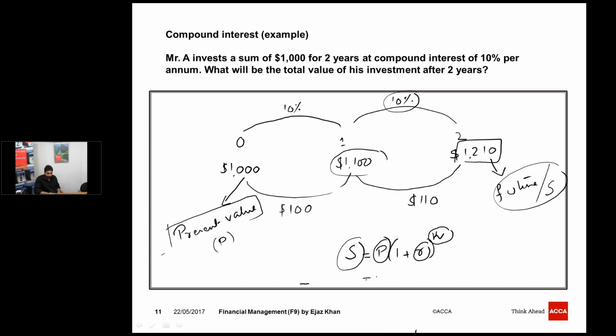So let's put in the values and see if we get the same $1,210. P, which is $1,000, times (1 plus R, which is 10%, and we always put it as 0.1), raised to the power 2, because we need to find the value of this investment after year 2. If you solve it, we get the same answer, that is $1,210.